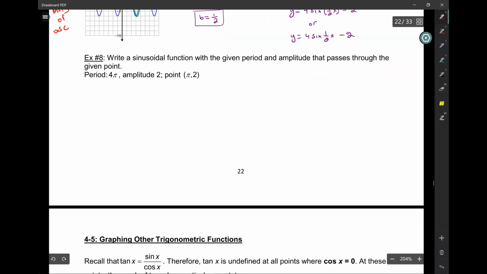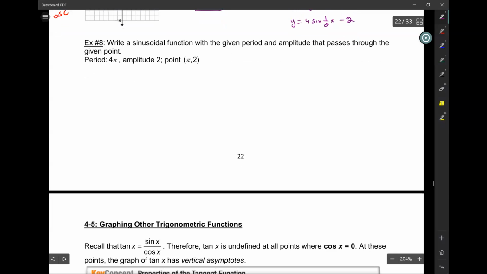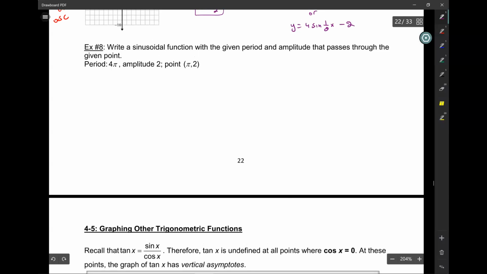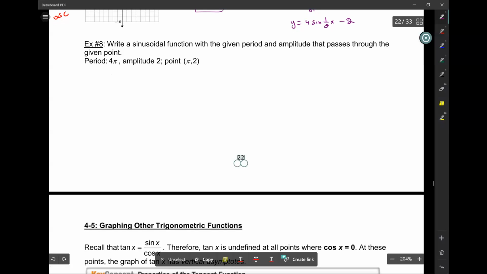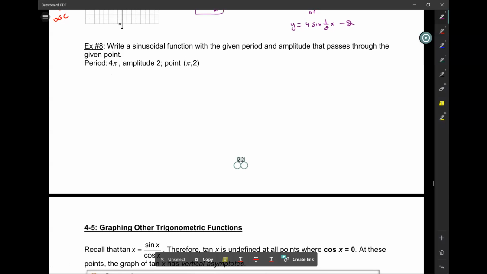Last one. Write a sinusoidal function, meaning having to do with a sine or a cosine, with the given period and amplitude that passes through the given point. So period is 4 pi, amplitude is 2.